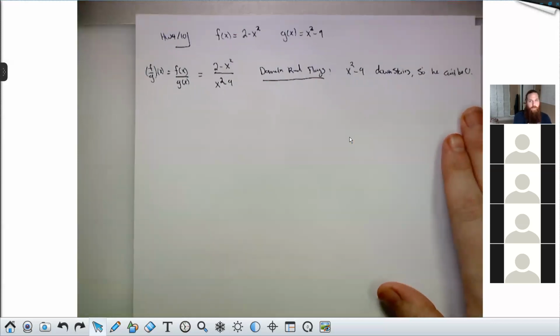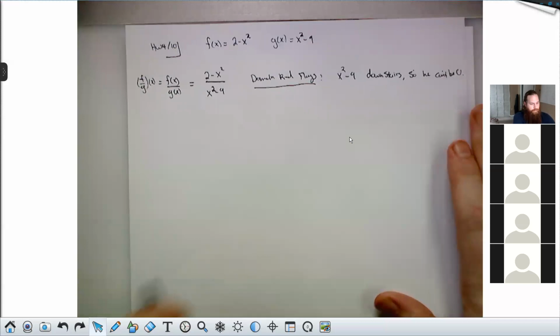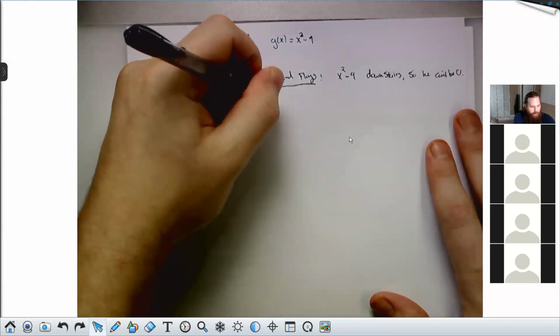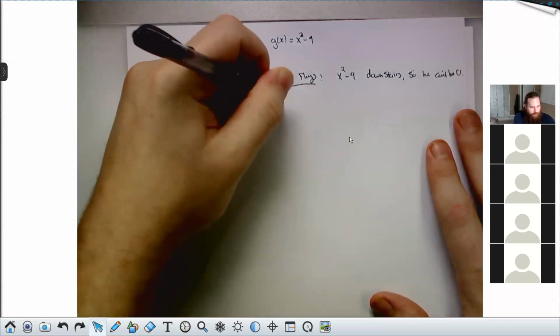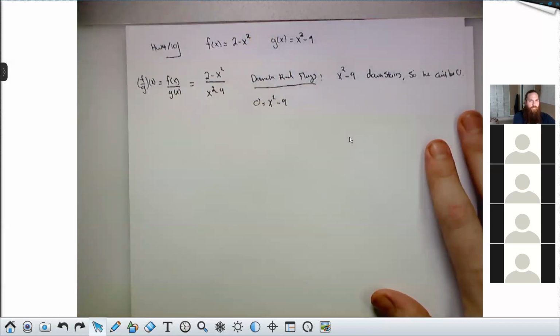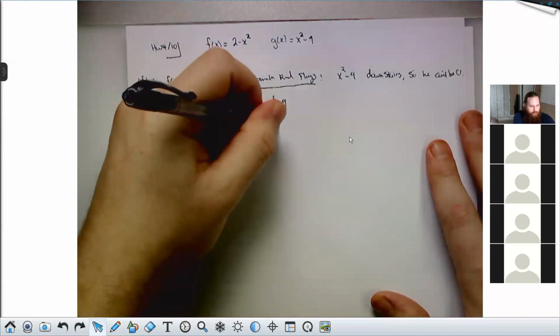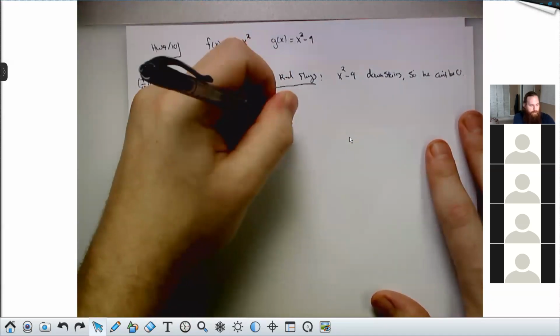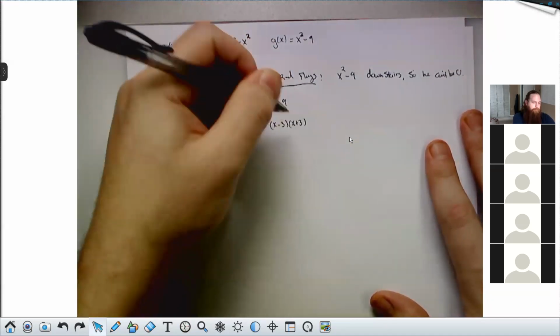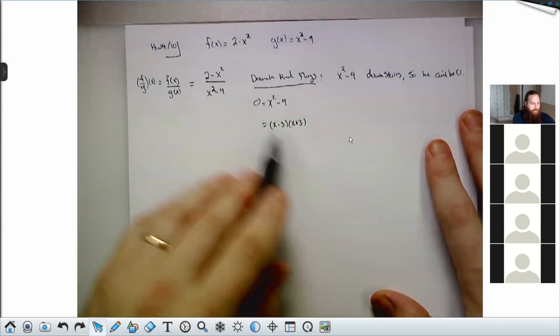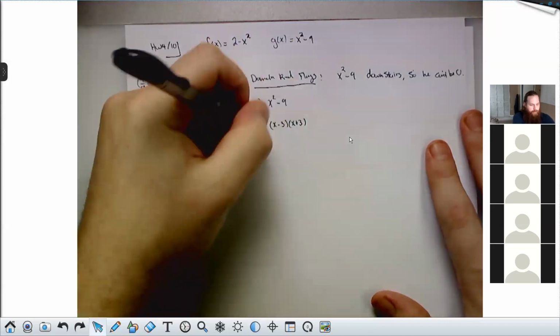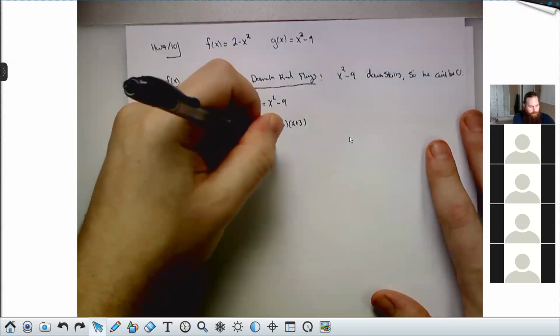So I need to figure out where he is 0 and kick that out. So I solve the equation 0 equals x squared minus 9. Can solve that by factoring as a difference of squares. That's x minus 3 times x plus 3. And then setting each factor equal to 0, I find here x is equal to plus or minus 3.